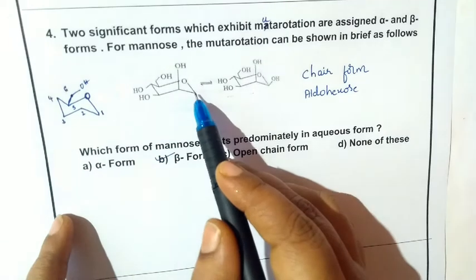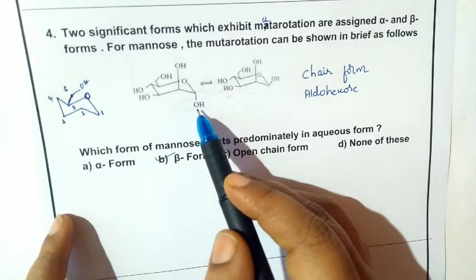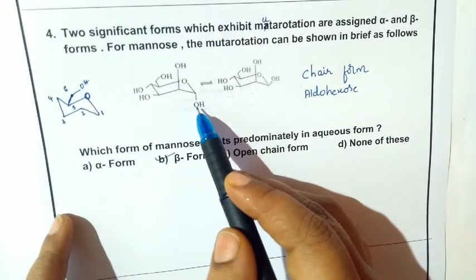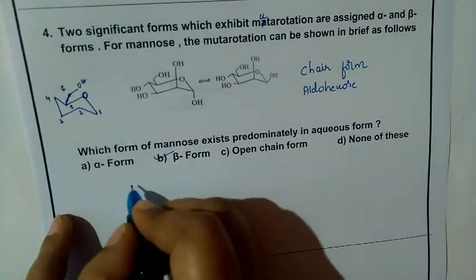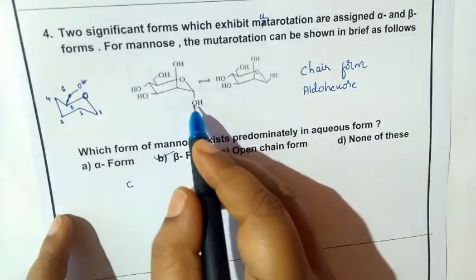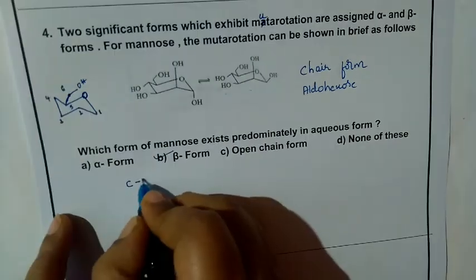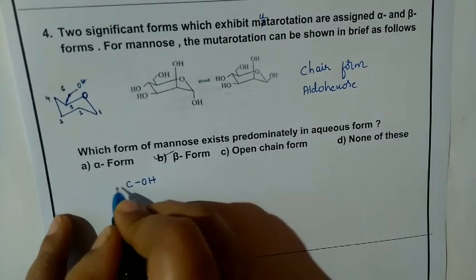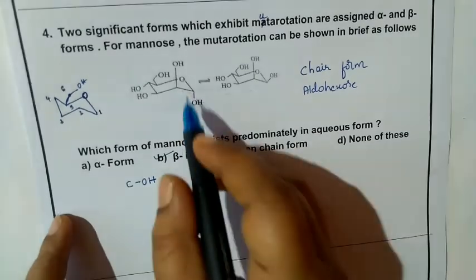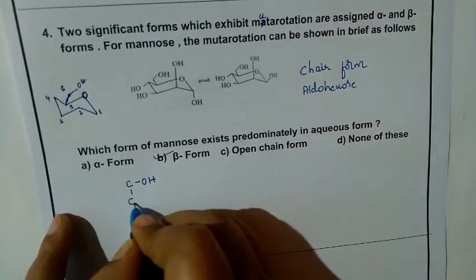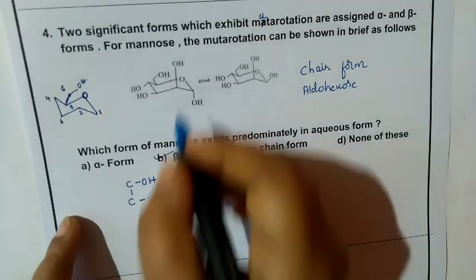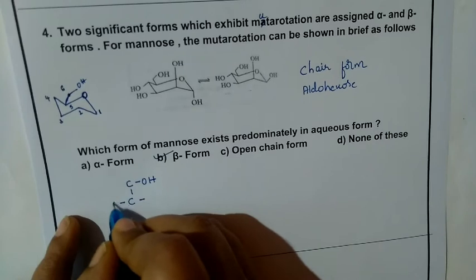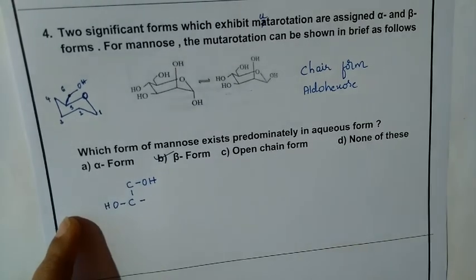Now, when you consider the first carbon, OH is downward. That means OH is on the right side. I'll write the structure here. OH is downward, that is nothing but the right side. H1 I will write later. The second carbon, you can observe, is also above, so it is on the left side.